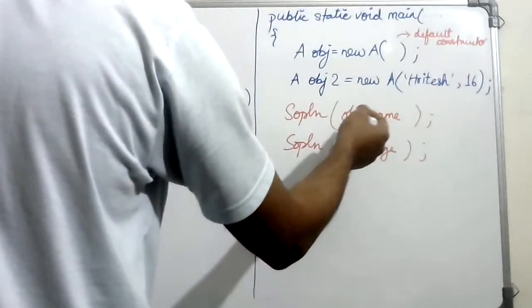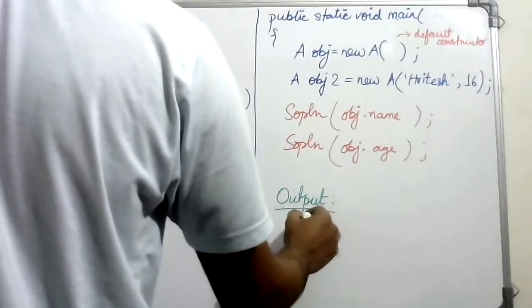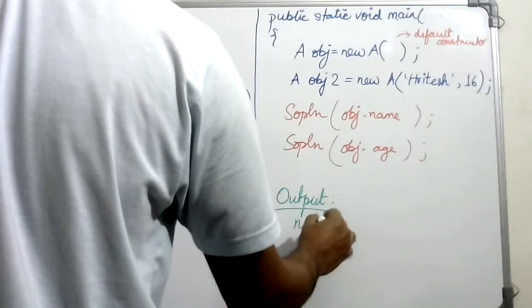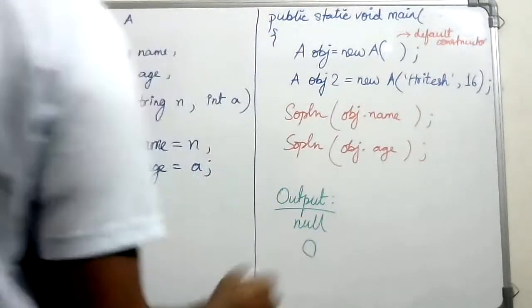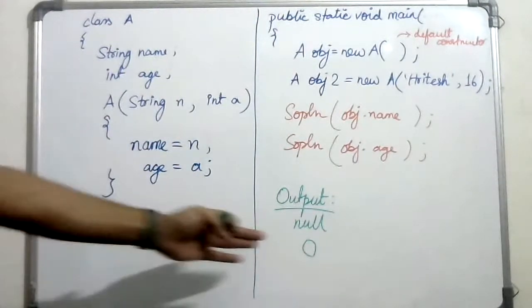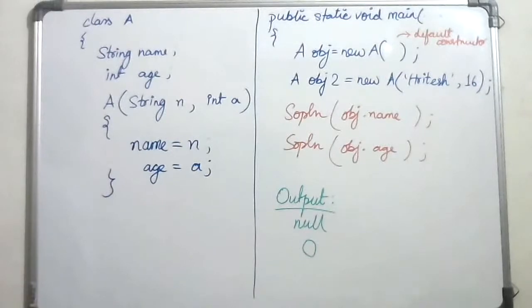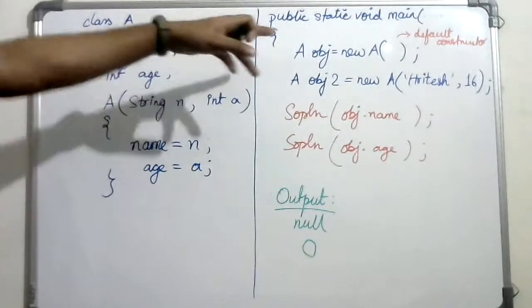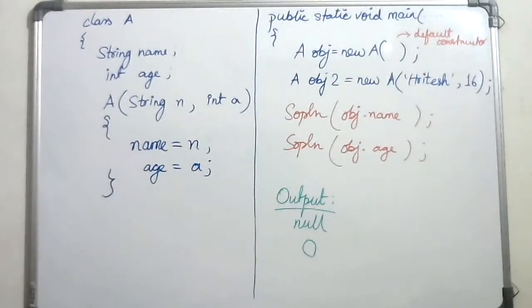So these two statements will give me the output null and 0, which are the default values for string and integer. Pretty simple, right? Since the default constructor is invoked for the first object, I get default values when the object variables are initialized.